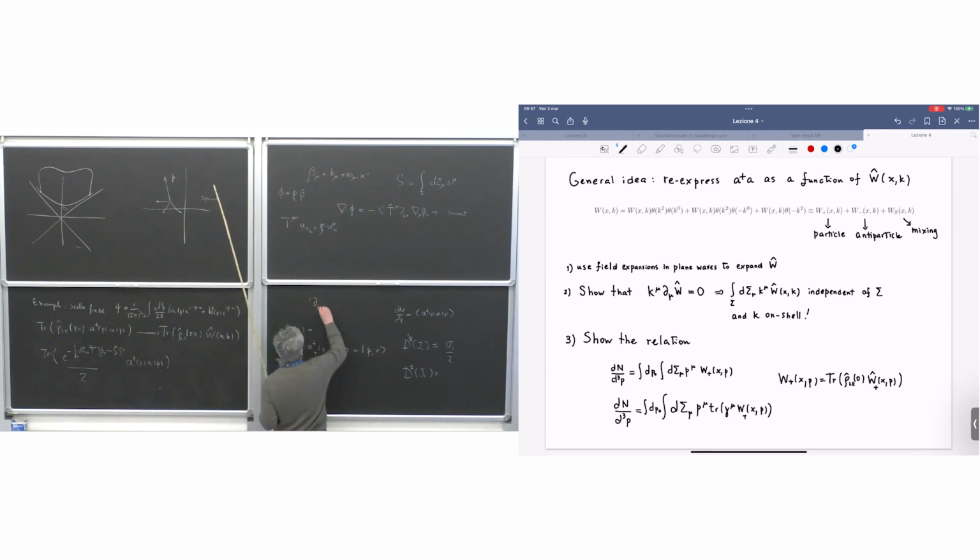Whenever you have a field with zero divergence, a straightforward consequence is that the integral over some space-like hypersurface, or not even space-like, is independent of sigma.